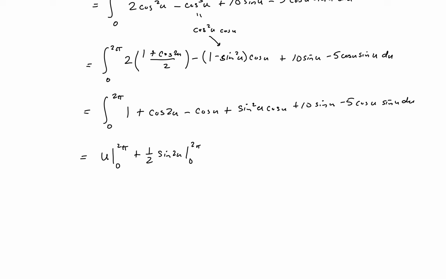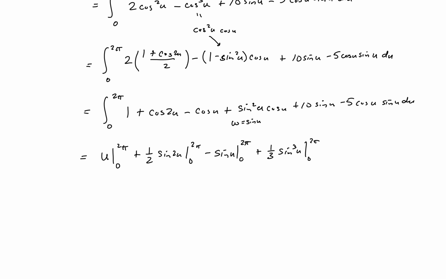Let's leave those alone, so that gets the first one. And then if I do the cosine, I'm going to get minus sine u from 0 to 2 pi. And then I'm going to get a minus 1/3. So w is equal to sine u here, so that will give me a plus 1/3 sine cubed u from 0 to 2 pi.